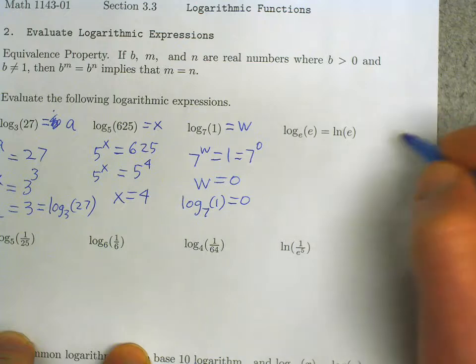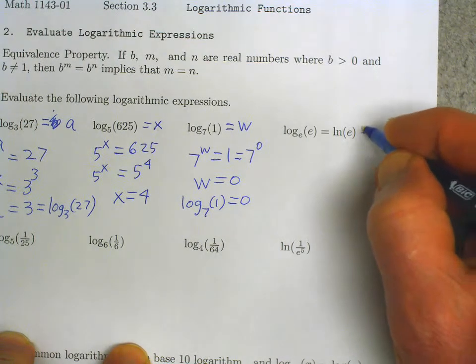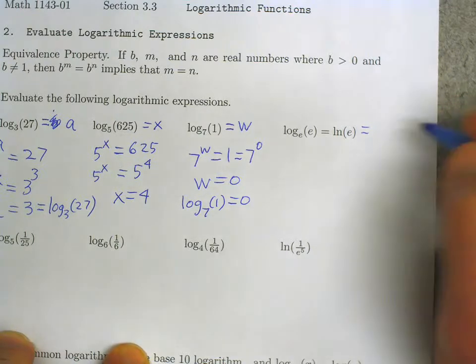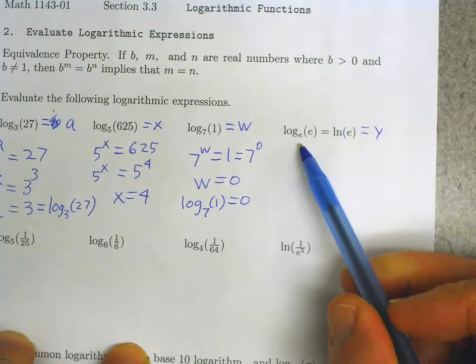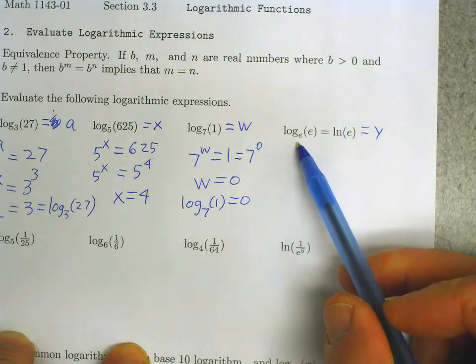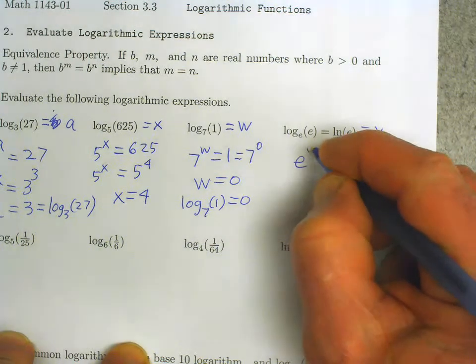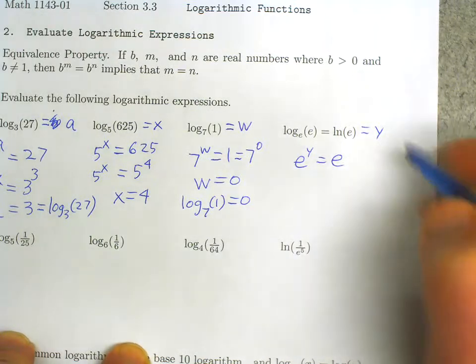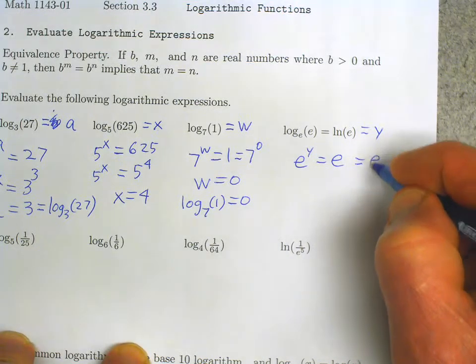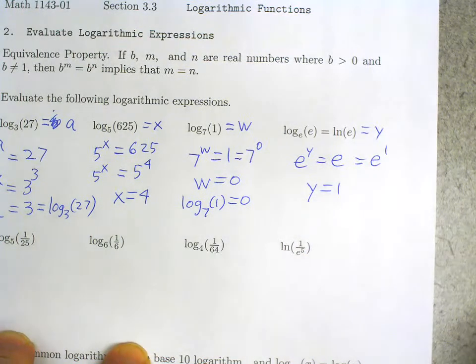But you can say log base e of e or the natural log of e, it's equal to something. Let's say that it's equal to y. Then convert this to an exponential equation. The base number e raised to the exponent y equals e. But e is just e to the first, and so y equals 1.